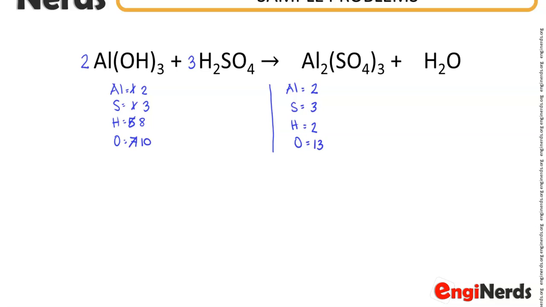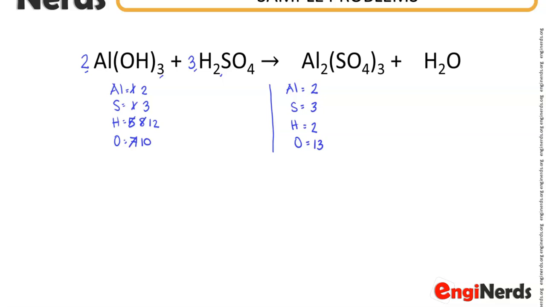So, bilangin natin ngayon kung ilan na yung hydrogen natin. So, from here we have 3 times 2, we have 6. And then, dito sa ating H2SO4, meron din tayong hydrogen 2 times 3, which is equal to 6. So, 6 plus 6, we have total of 12 hydrogen.